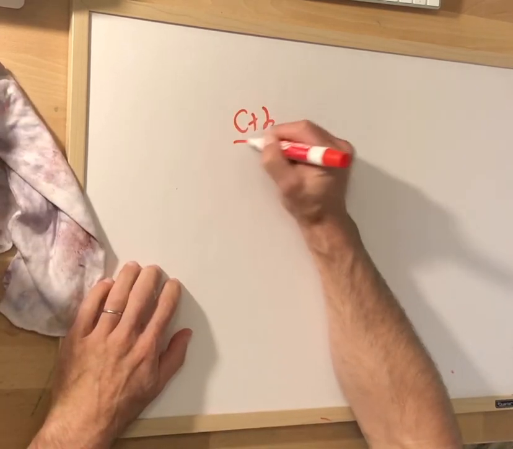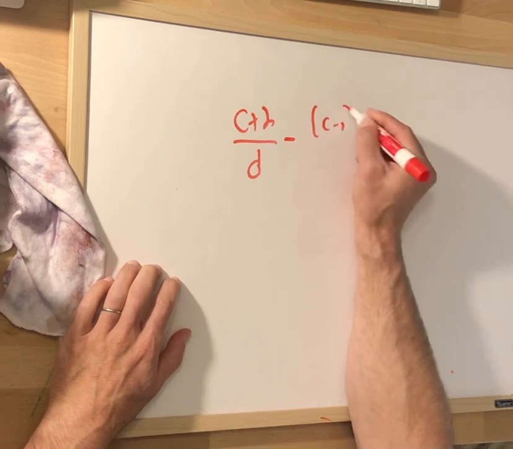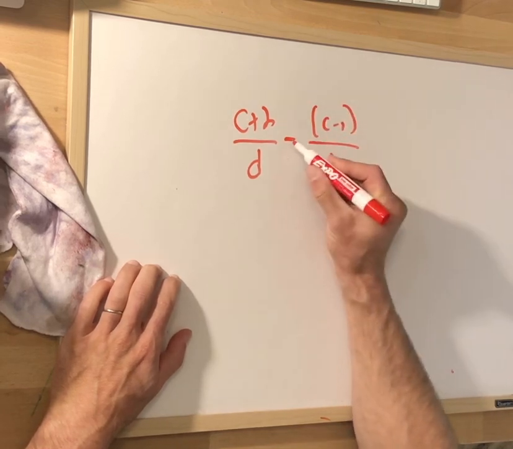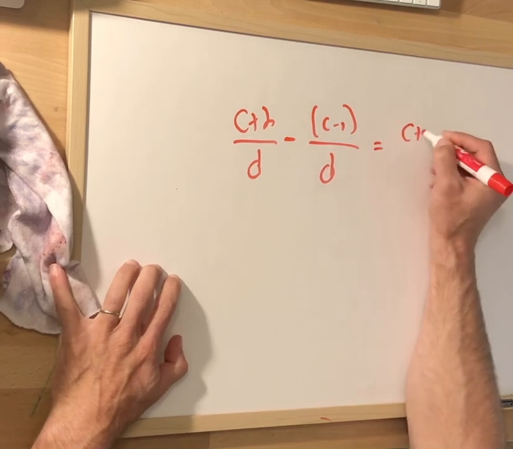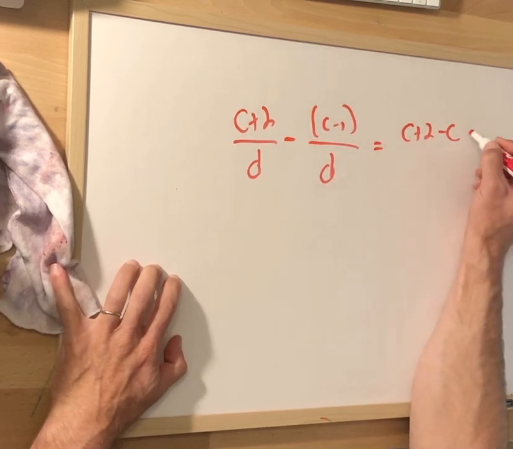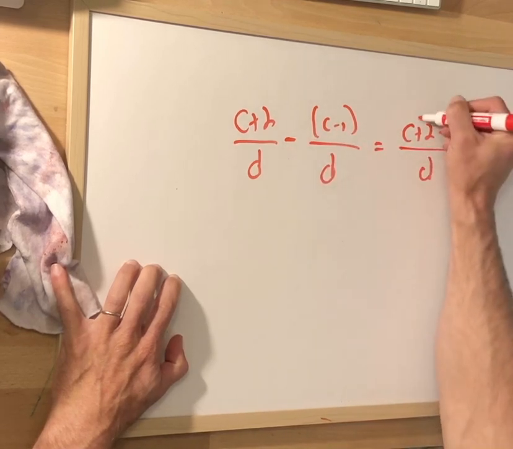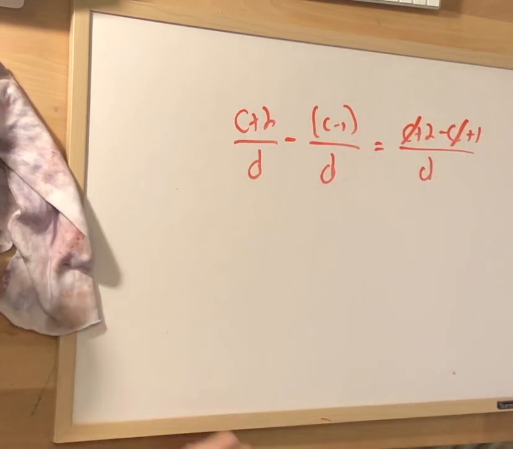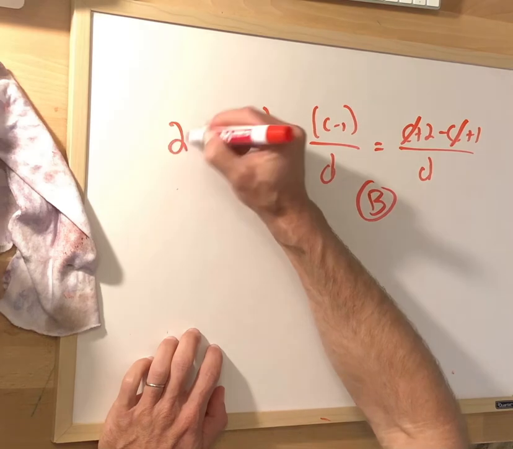C plus 2 over D minus C minus 1 over D. This minus means it changes both of these signs. So technically you're going to have C plus 2 minus C plus 1 because you have to distribute that negative, all over D. These cancel out to get 3 over D, which is letter choice B. This is for 21.